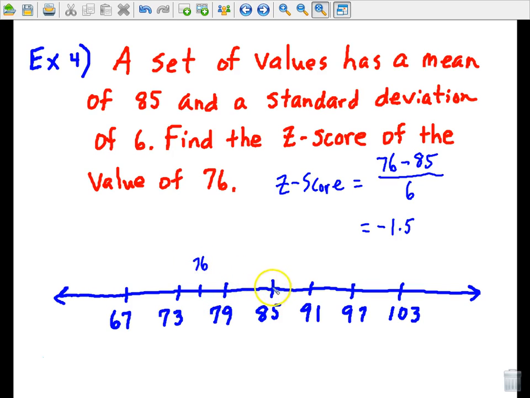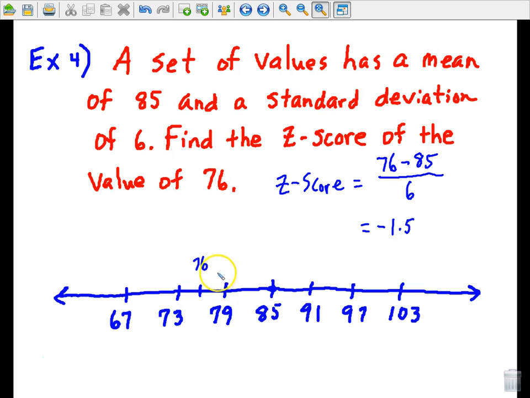Okay, well here, remember, z-score is all about a number's position relative to the mean, but it's in terms of standard deviations. All right, so here I am at 85. If I'm going to the number 76, I'm going to travel 1 standard deviation, okay, because a standard deviation is 6.